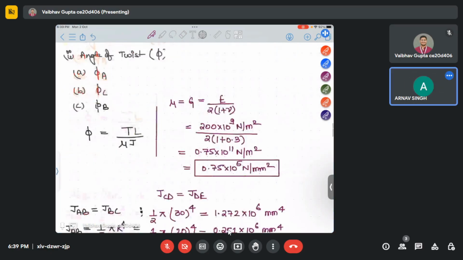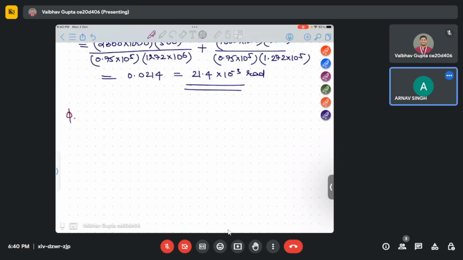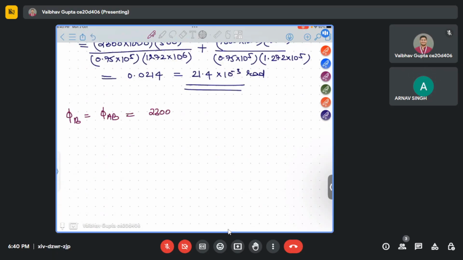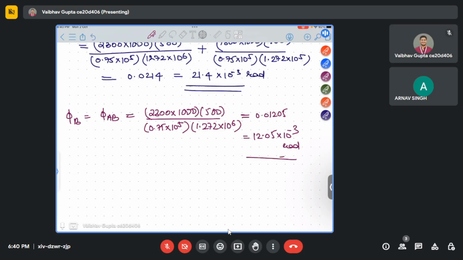So phi B will be equal to phi AB, which is nothing but 2300 into 1000, length is 500, mu is 0.75 into 10 to the 5, and JAB is 1.272 into 10 to the 6, which is equal to 0.01205, which is equal to 12.05 into 10 to the power minus 3 radian. Now you understood how to calculate the angle of twist?